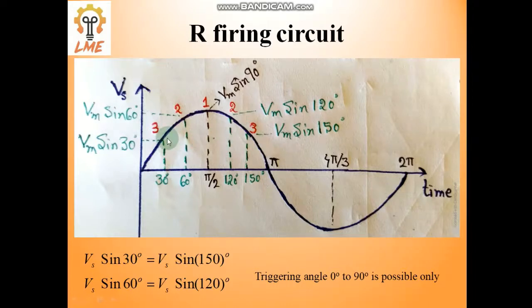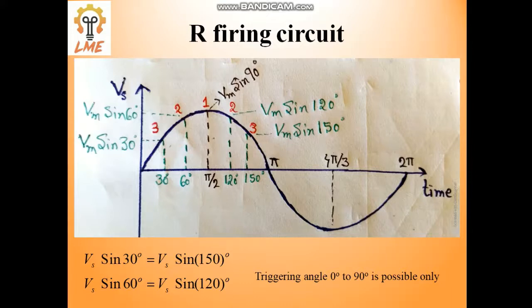So if we set any value of angle, suppose 35, it should be equal to some point over here, because the voltage magnitude from 0 to 90 degrees is the same as from 90 to 180 degrees. That is why the limitation of the R firing circuit is that it can trigger only from 0 to 90 degrees. This is the limitation of the R firing circuit.